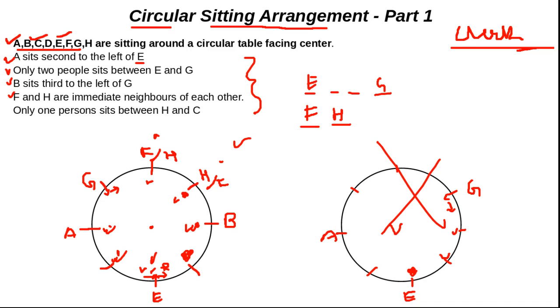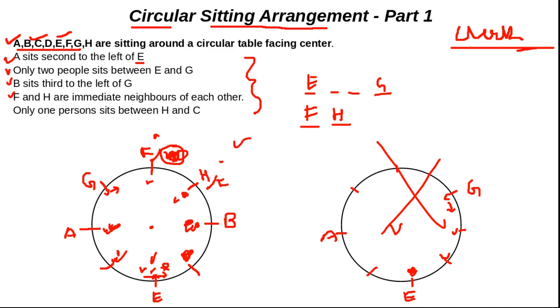Only one person sits between H and C. So if H is seated here, there is a gap of one between H and C. So C could be seated here, but we have A over here, or C could be seated here, but we have B here. So H cannot sit here.